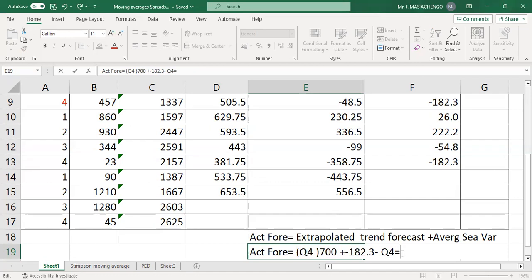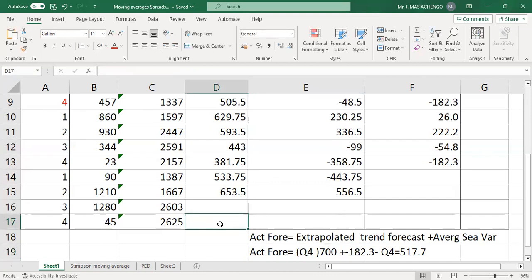182.3. Then our answer becomes 517.7. This is our actual forecast sales for Q4. So the actual forecast for this period will be equal to 517.7.